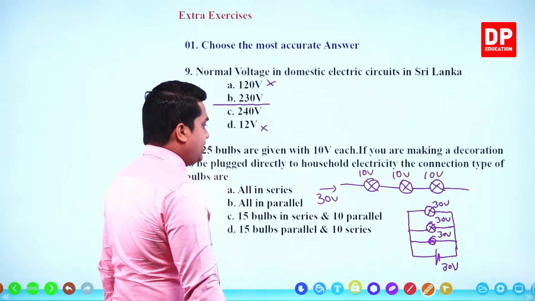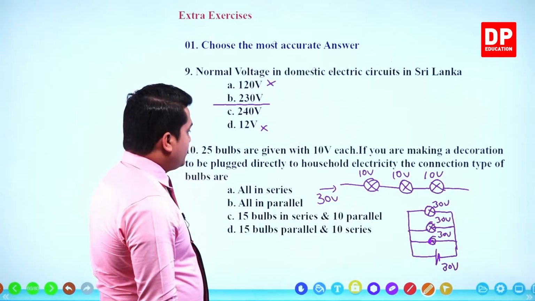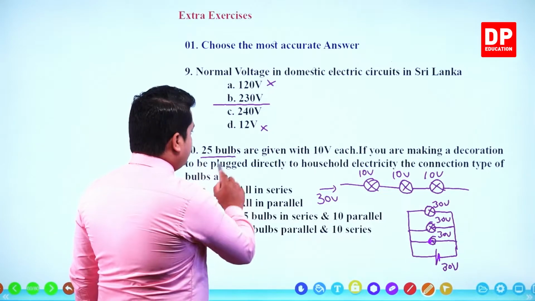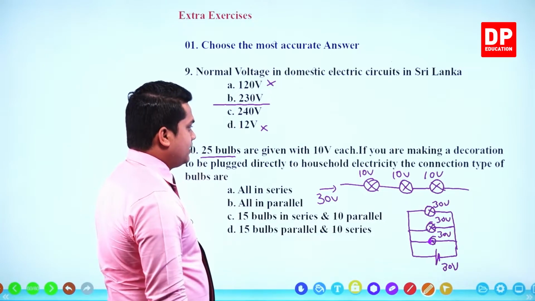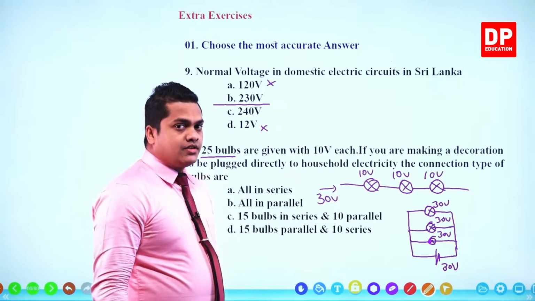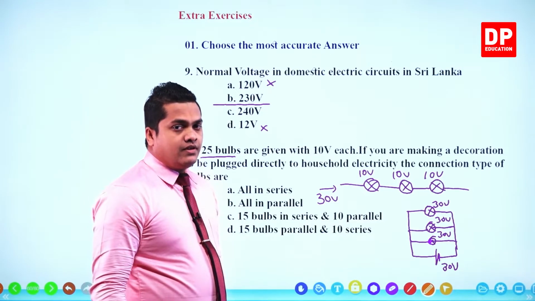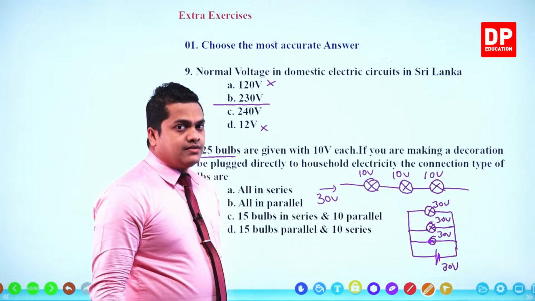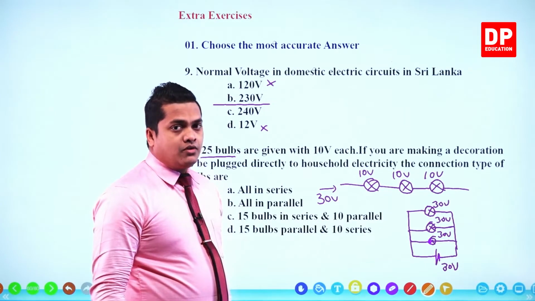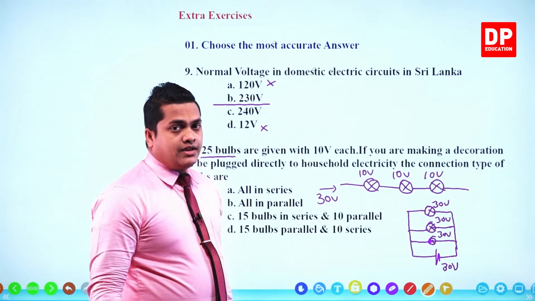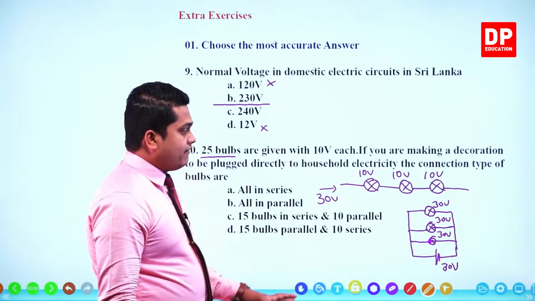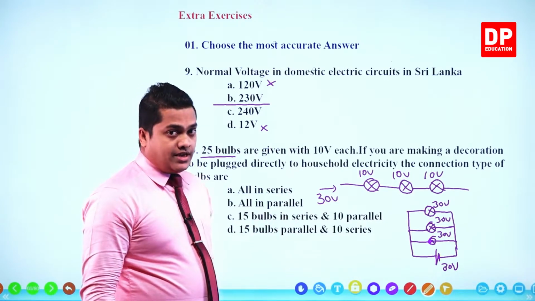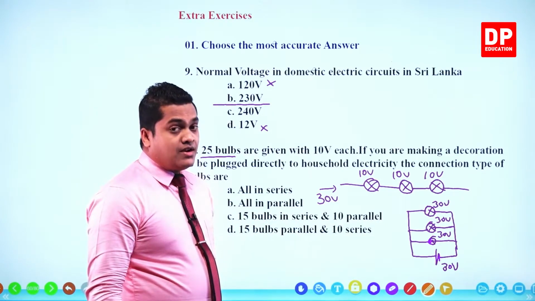So if you connect these 25 bulbs in a parallel connection, my dear children, you won't be able to save even one of these bulbs. All will burn out and some might even explode. Why is that? Because all are going to have 230 volts, which is unbearable.